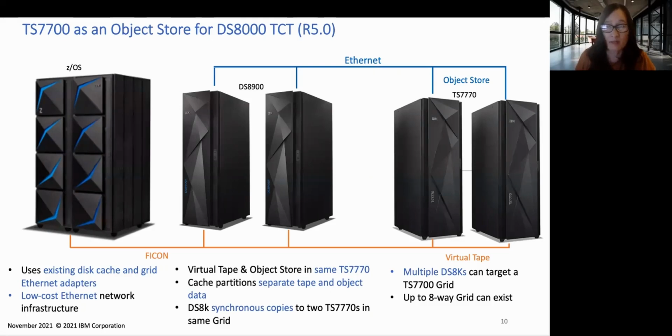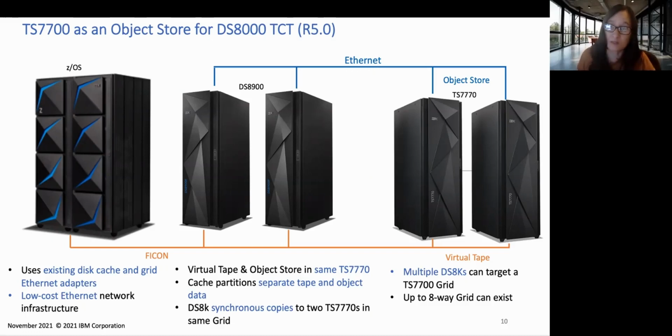And again, I already talked about that in this release 5.0 that came out in 2019, DS8000 was the one pushing the synchronous copies to the two 7700s. And the other thing we continue to support, and that is we can have multiple DS8000s target a TS7700 grid, and that continues to happen as well.